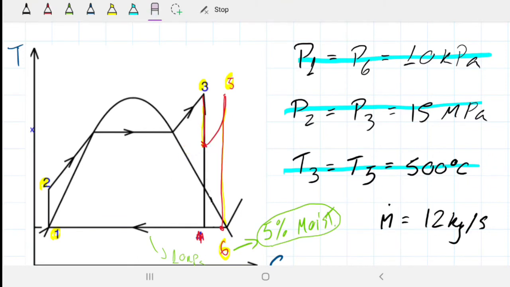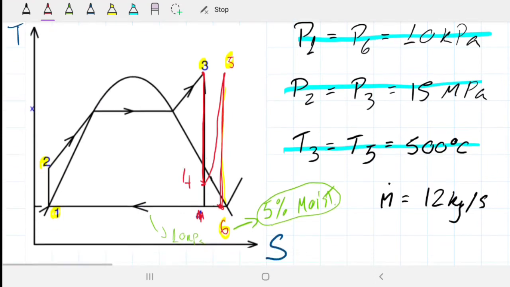If I were to draw this correctly on the TS diagram, I would drop from 3 to some point here, a saturated mixture. Then I would reheat at constant pressure until I reach my 500 over here. And then I drop again all the way to 6, which is also a mixture, right? So my 4 will be down here instead of where we drew it originally. That's what we just found out.